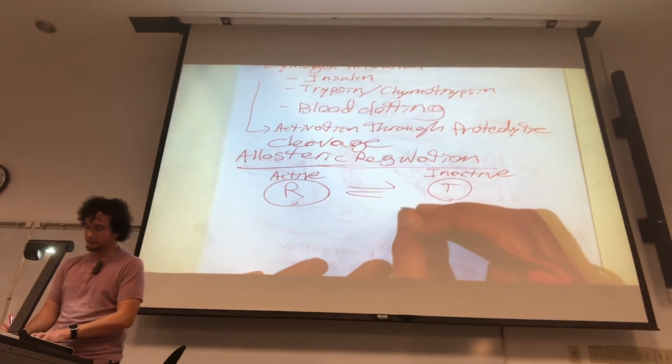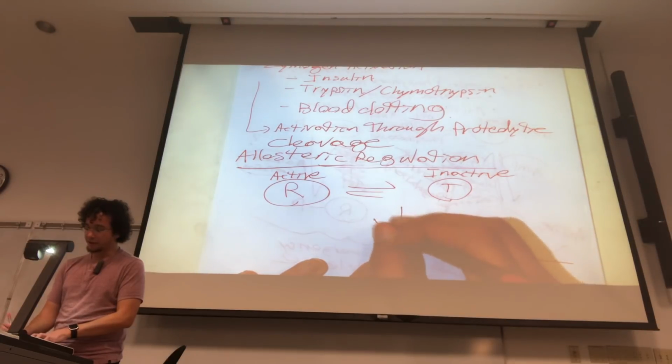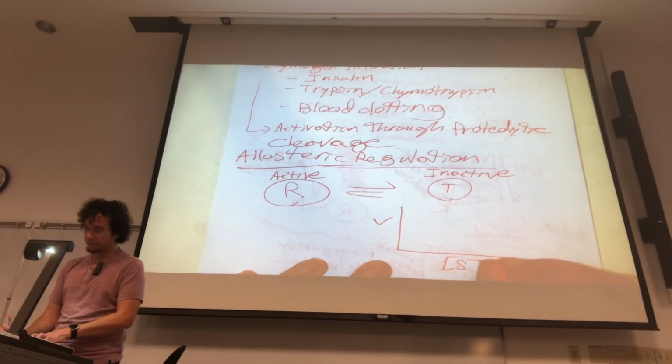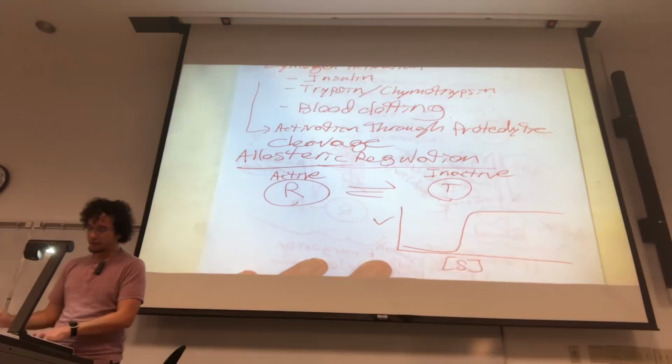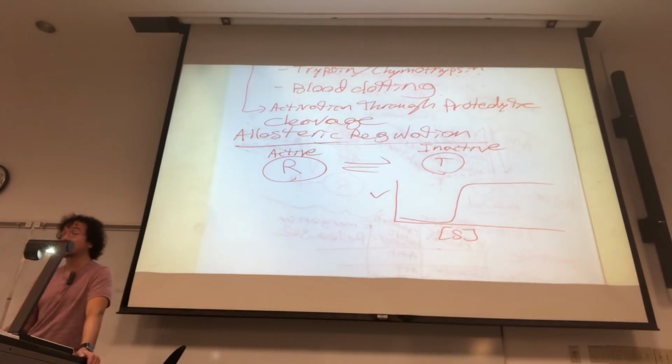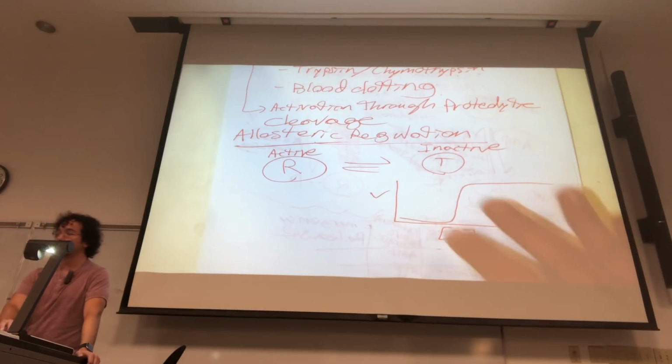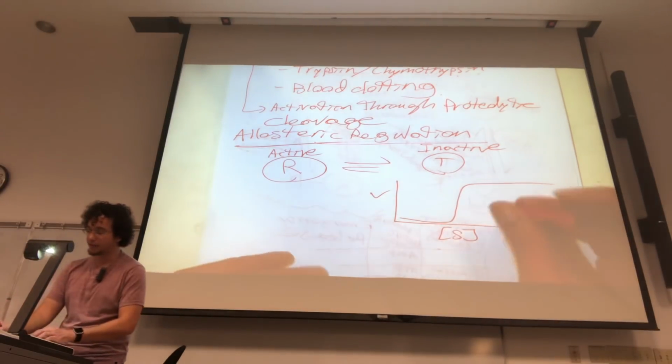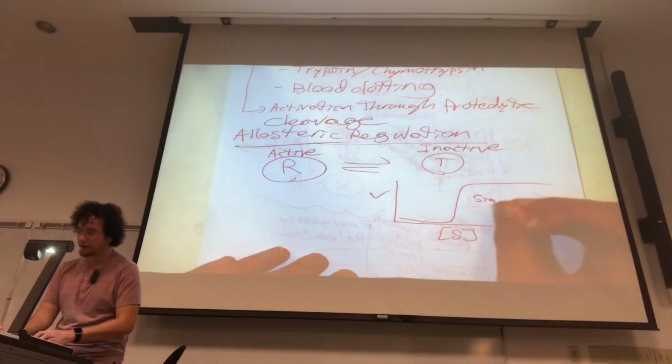Kinetically speaking, you're going to see this shape regarding allosteric enzyme kinetics. Notice it looks quite different compared to the Michaelis-Menten kinetics graph. They call this shape sigmoid.